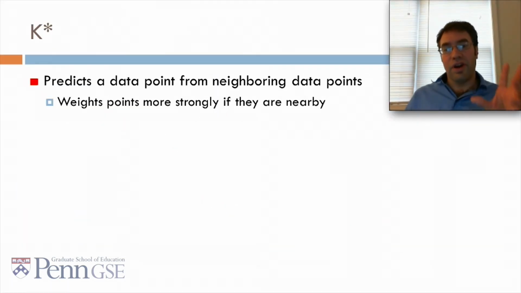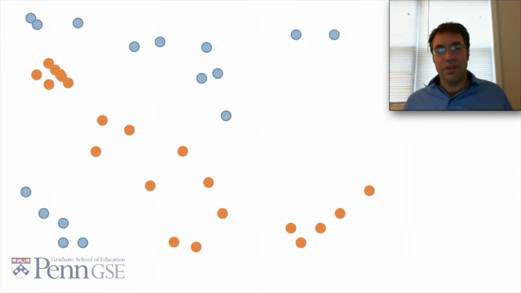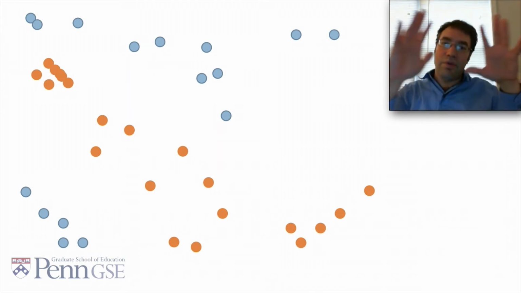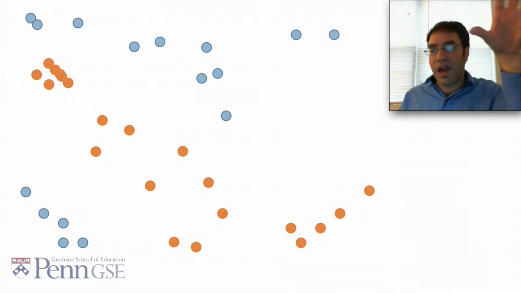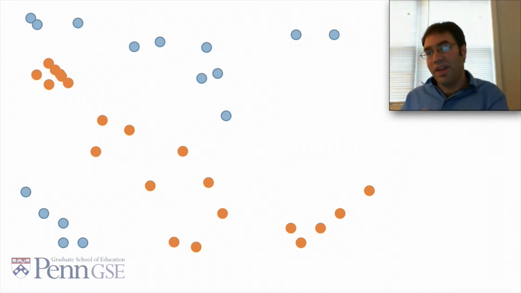Now let's talk about K-star. K-star is an instance-based classifier that predicts a data point from neighboring data points. It weights points more strongly if they're nearby. So let's take an example. Let's say that we have these data points with blue and red. You can see that blue and red each have a region, but there's not an easy way to say, oh yes, it's exactly this. Now let's say we need to classify a new point, the green point.